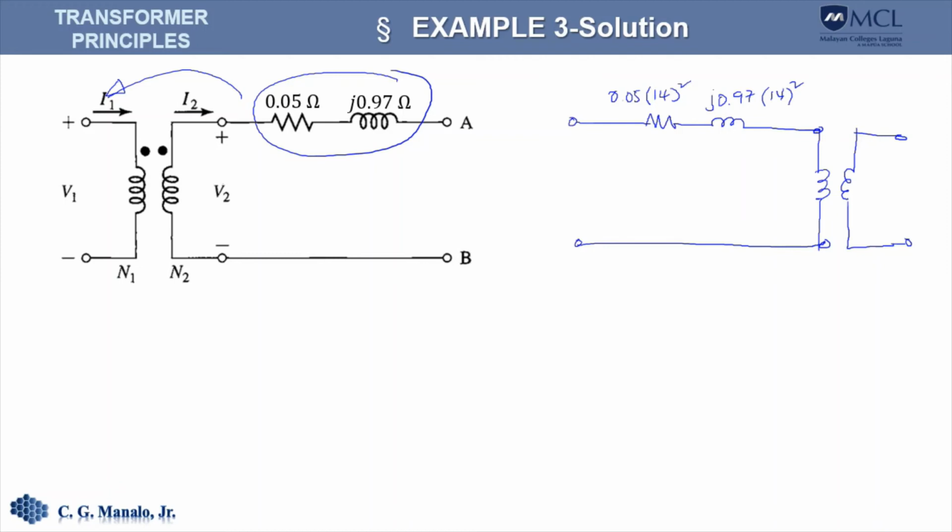So there's no current here, and therefore there's no current here. This is also zero. And since I sub 1 is 0, that means this is an open circuit, and therefore we can draw the circuit like this.